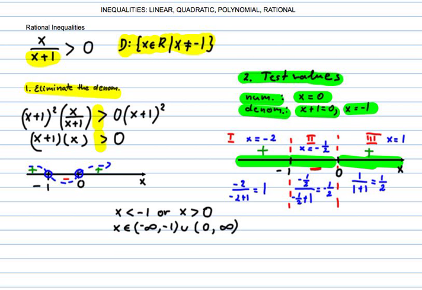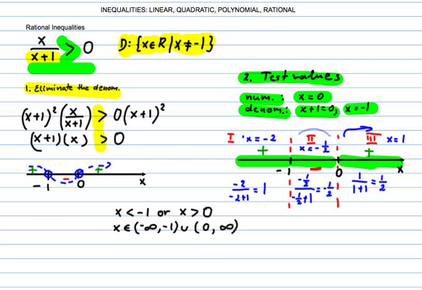Neither is part of the solution: -1 because it's restricted, and since we are looking for values that are supposed to be greater than 0 in our inequality, we're not including the x-intercepts. So having 3 intervals in place: numbers that are less than -1, numbers that are in between -1 and 0, and numbers that are greater than 0.